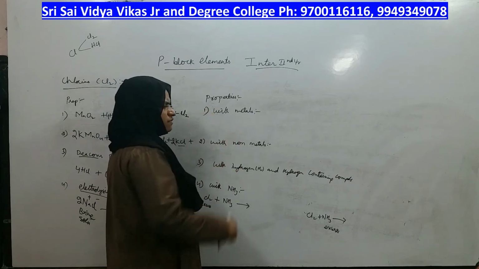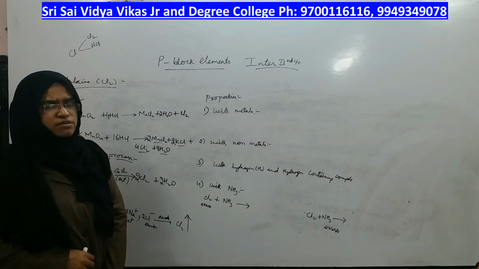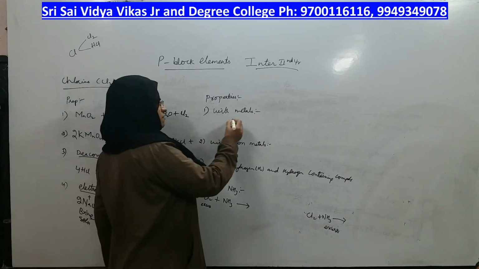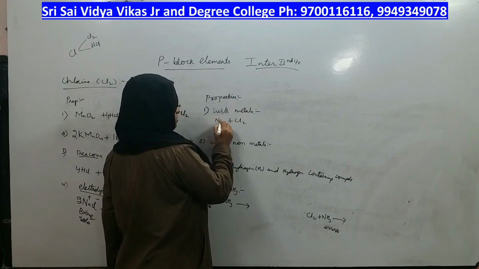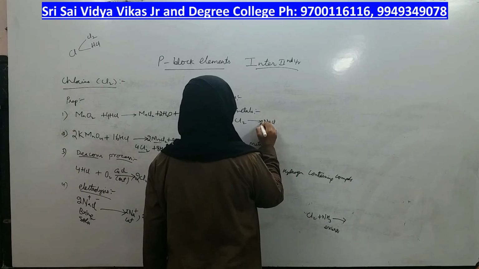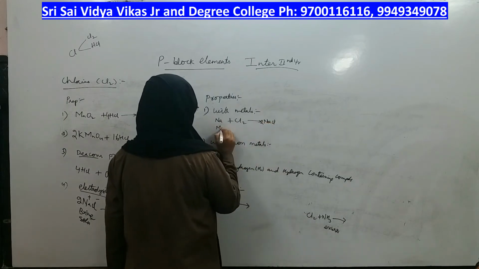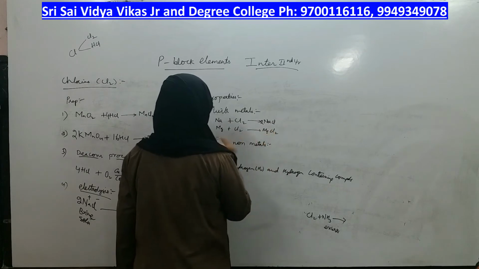It reacts with metals. We have already seen in the chemical properties that halogens react with metals. Which halogen are we studying here? We are studying chlorine. Let us take sodium. If halogen reacts with sodium, you get sodium chloride. With magnesium, you get magnesium chloride.